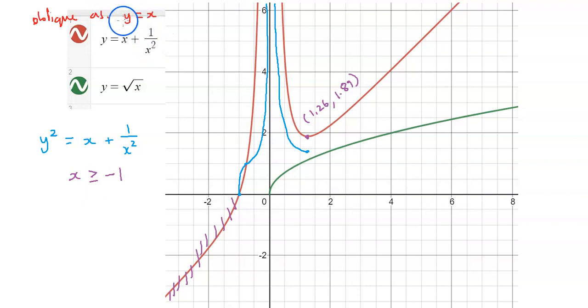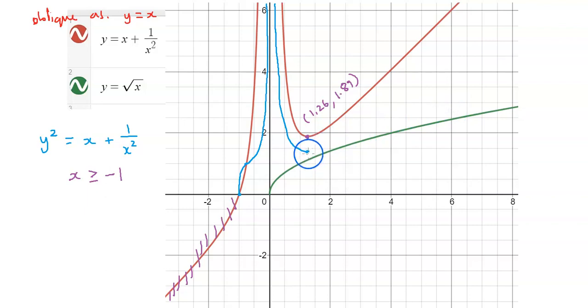But in this situation, for the blue graph, we're finding y squared equals this thing. So if the red graph gets closer and closer to y equals x, the blue graph should get closer and closer to y squared equals x. So in other words, it should get closer and closer for the positive y values to y equals square root of x. So that's what's going to happen over here.